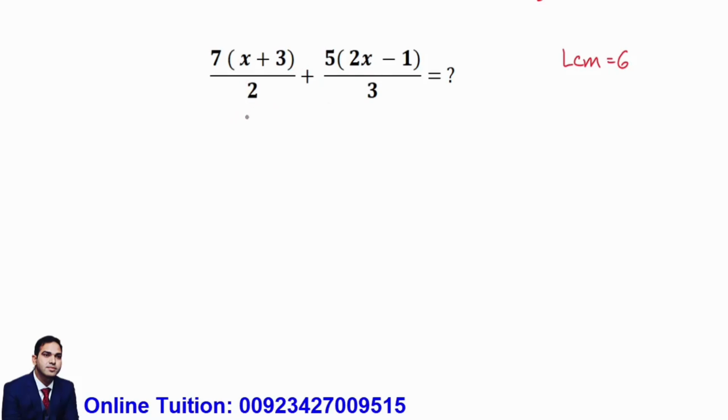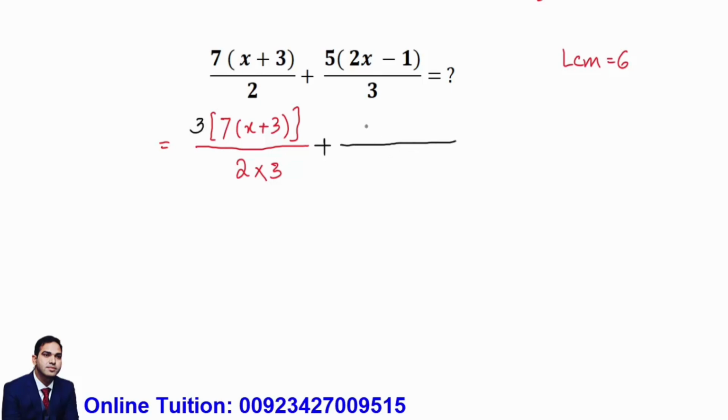So what to do when you have to make 6 over here? Equal to sign, 2 multiplied with 3 will be 6. But keep in mind that x plus 3 you also have to multiply with the same number 3.